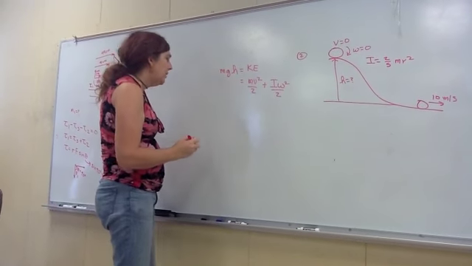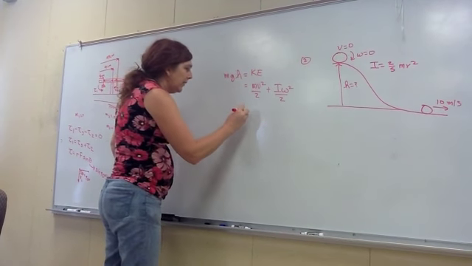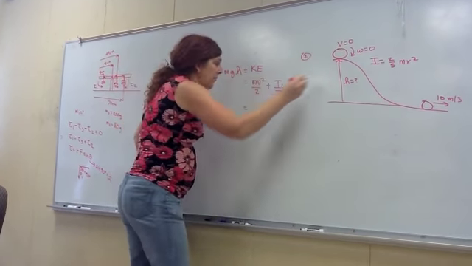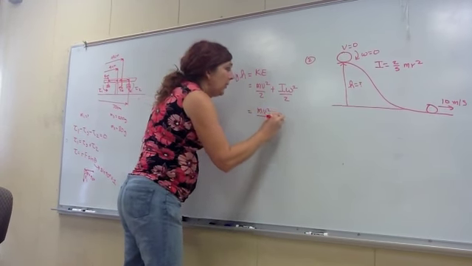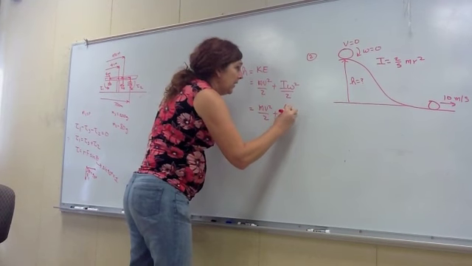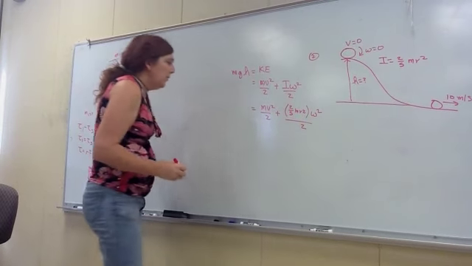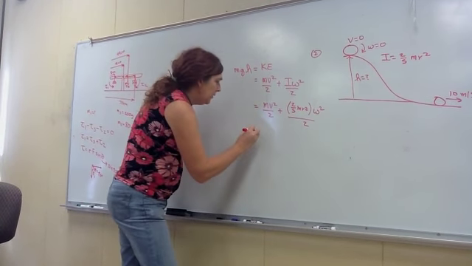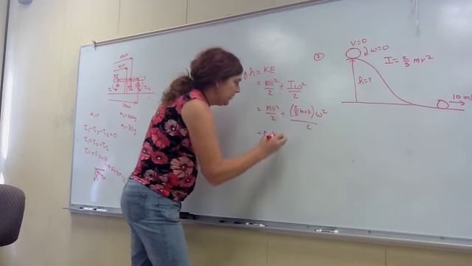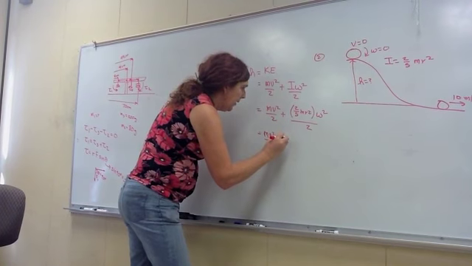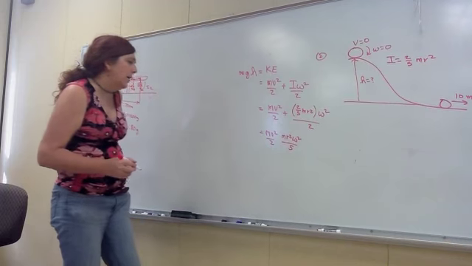We're looking for h. Okay, well, one way we can begin to simplify this expression is to put the value for the moment of inertia into the one part of the equation here. So mv squared over 2 plus 2/5 mr squared omega squared over 2. So that should give us mv squared over 2. The 2 cancels the 1 up here, so we should have mr squared omega squared over 5.